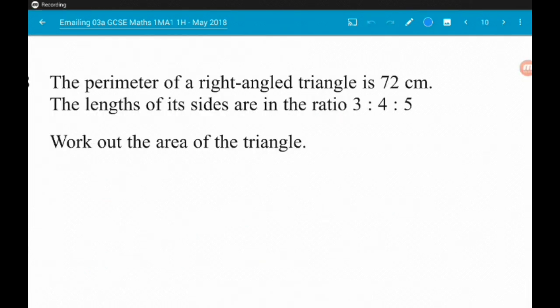Question 8. The perimeter of a right angled triangle is 72 centimetres. The lengths of the sides of the triangle are in the ratio 3 to 4 to 5. We want to work out the area of the triangle. Okay, so this ratio of the side lengths is the ratio in its simplest form.